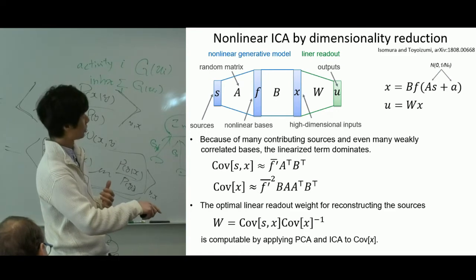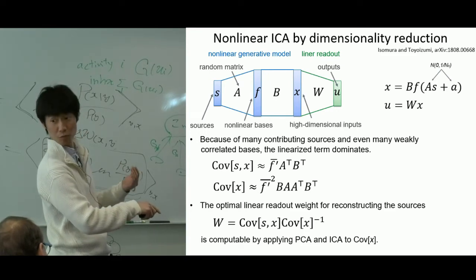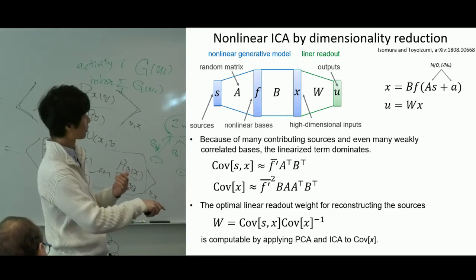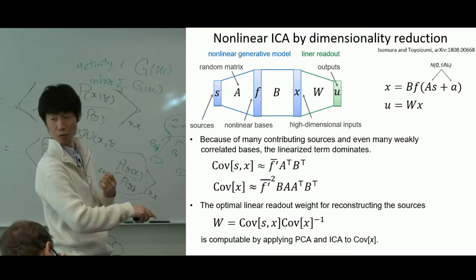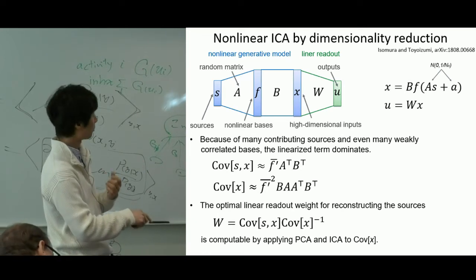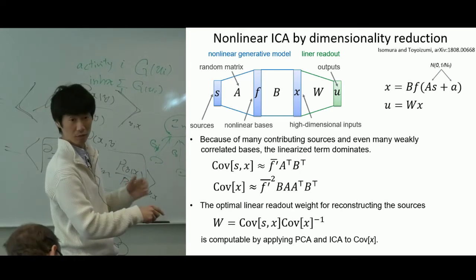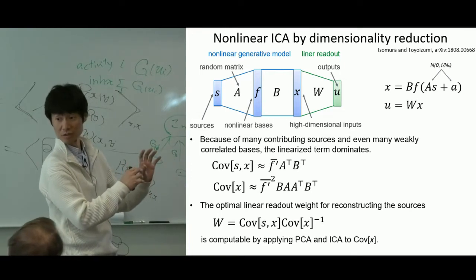So if you perform principal component analysis, you can extract these features as a PCA of the major components, up to some multiplication of an orthogonal matrix.